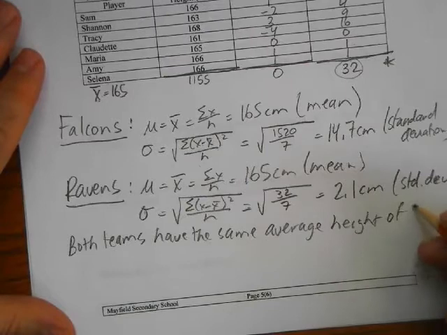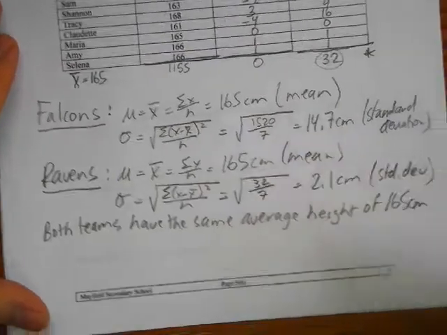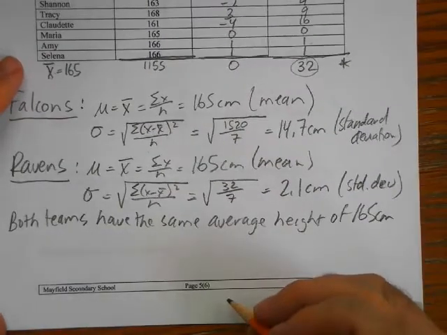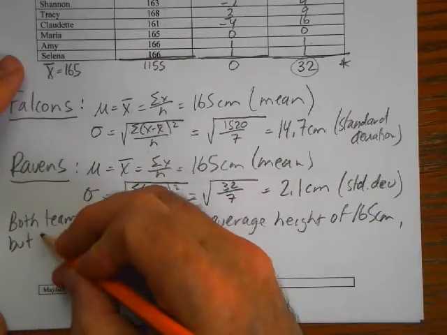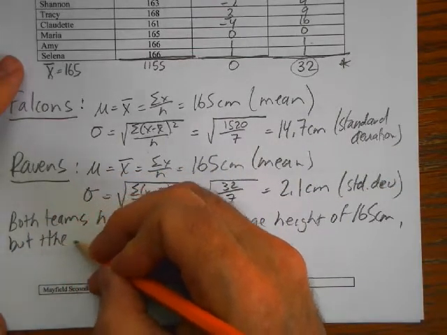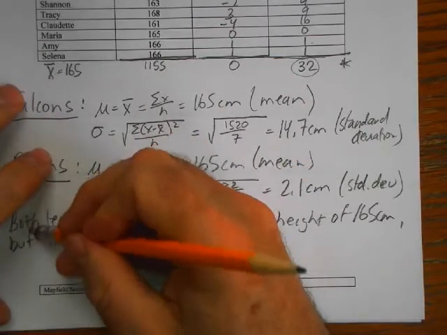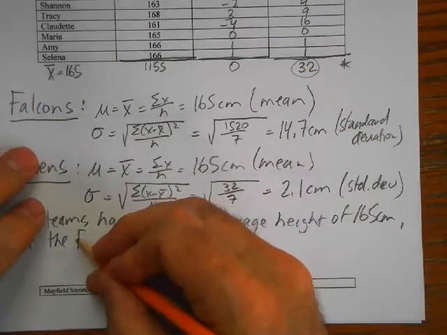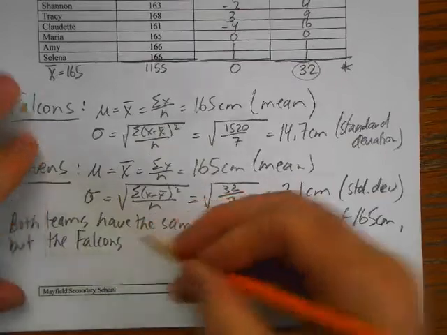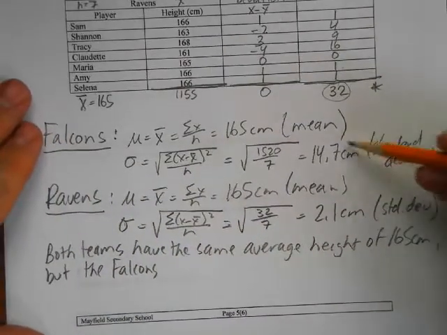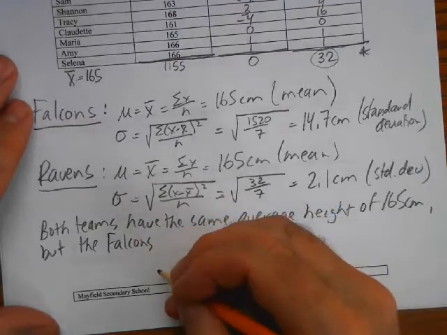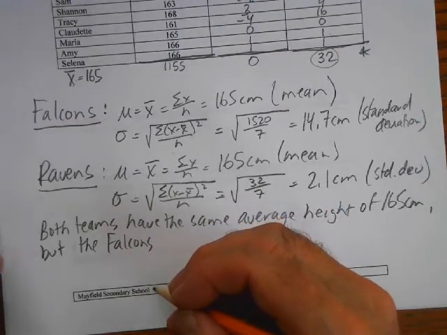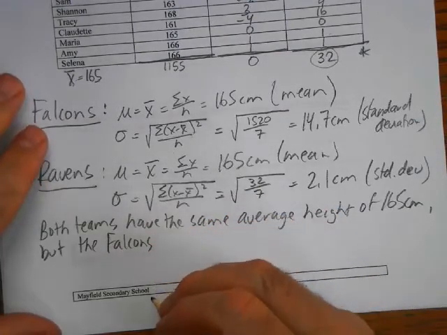Of 165 centimeters. But the Falcons have a much... So I remember the Falcons team, that was the one with the bigger standard deviation. So that means the girls on that team have a much bigger spread of height.